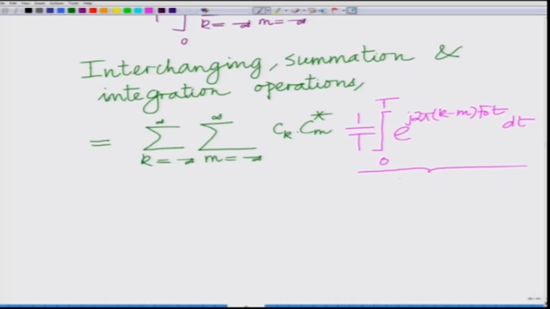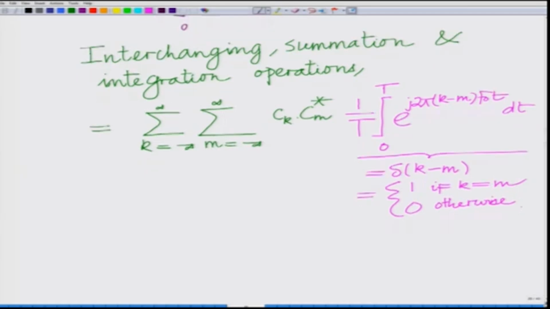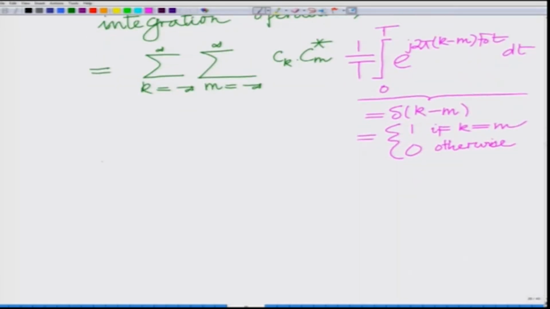We have already derived this. This is equal to 1 if and only if k equals m, and 0 otherwise.